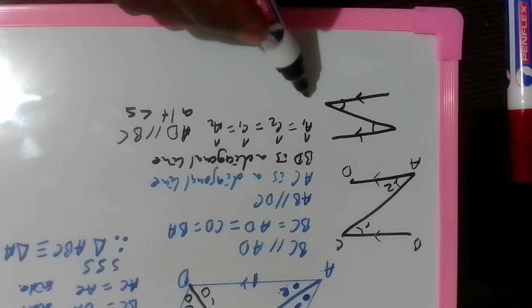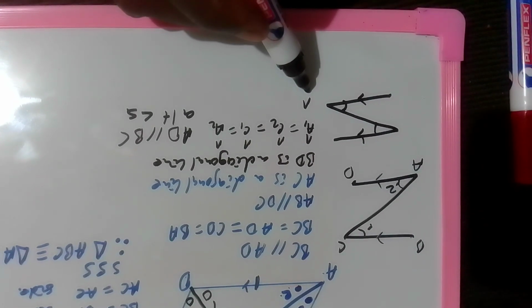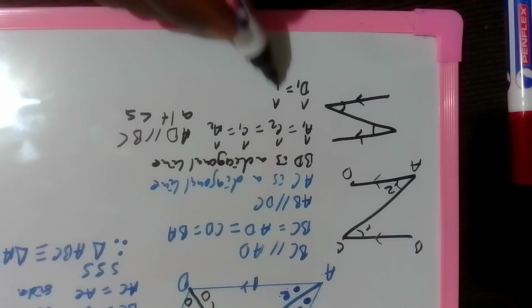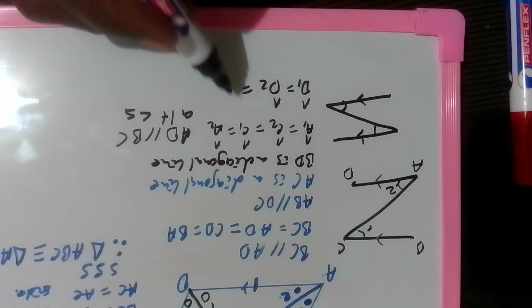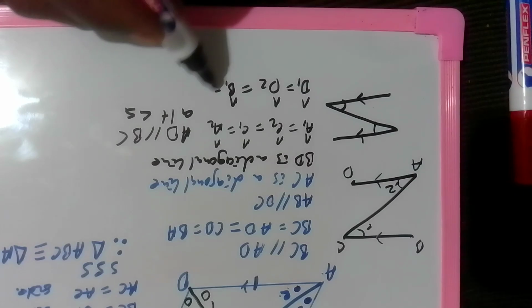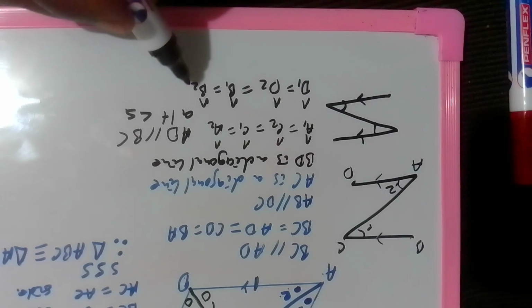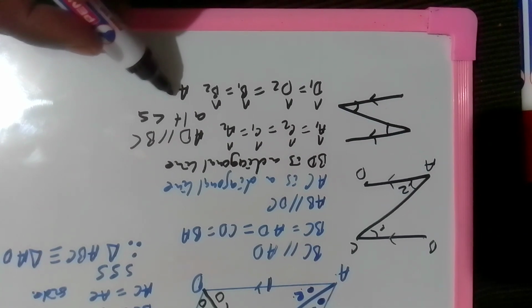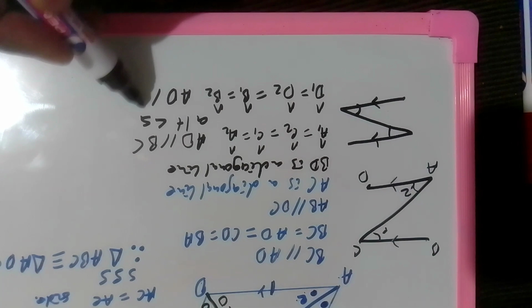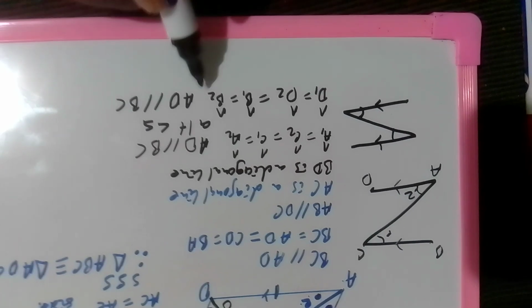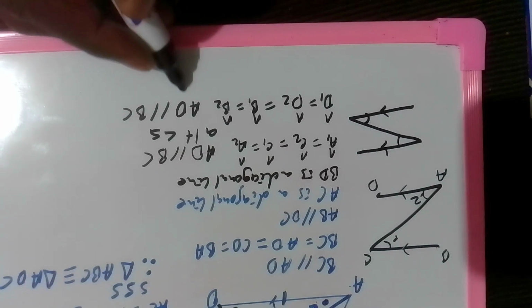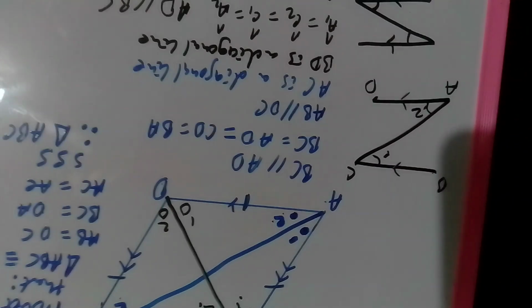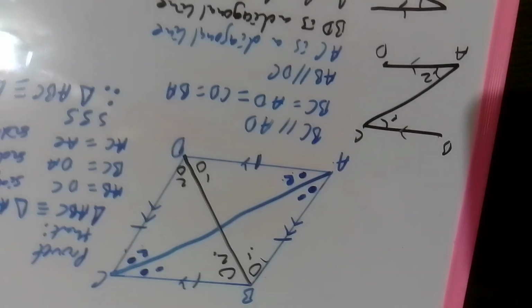So now I say angle D1 is equal to angle D2, it is equal also to angle B1 and angle B2, and my reason is because I've got alternate angles, and I have those alternate angles due to the fact that I've got AD and BC which are parallel to each other. And just like that, I've spoken about these angles.